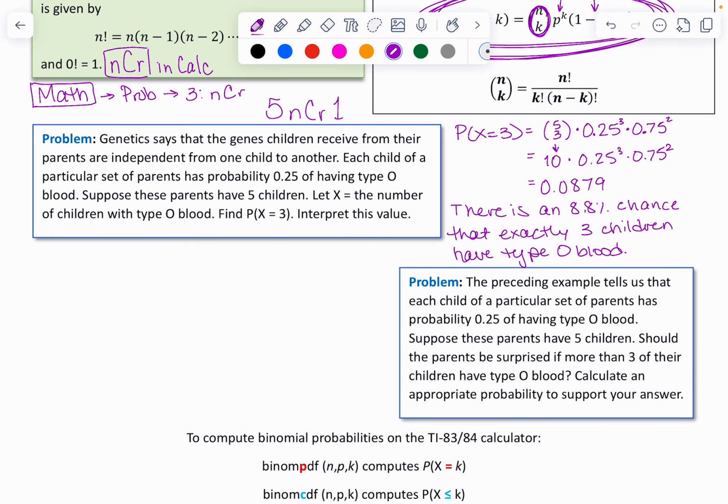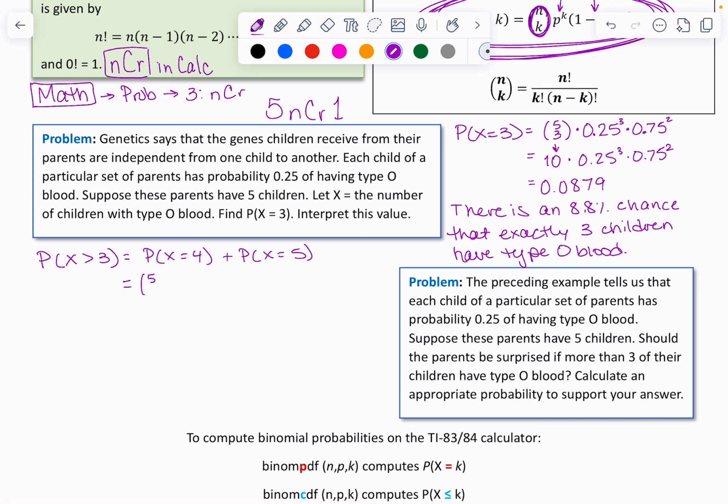So the next problem says, same scenario, should the parents be surprised if more than 3 kids have type O blood? Okay, so the probability that we have more than 3 with type O blood. More than 3 out of 5 kids would be 4 kids plus 5 kids. So I'm going to do this again.